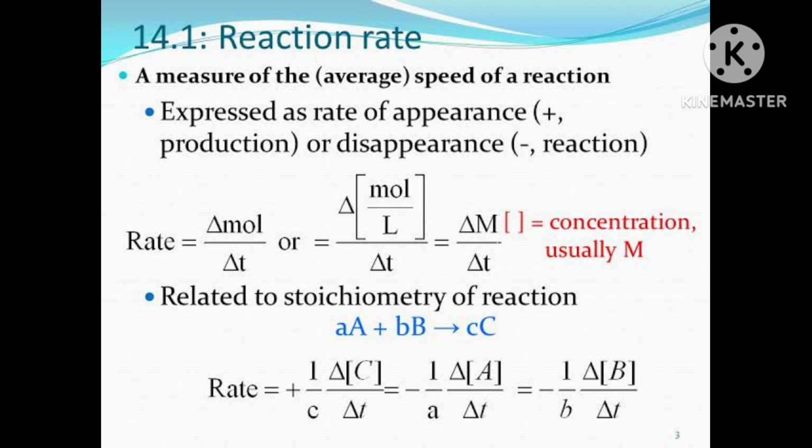In case of N2O5, the same will be the rate. Per minute you calculated in the beginning 6.79 into 10 to the power minus 4 mole per liter per minute.